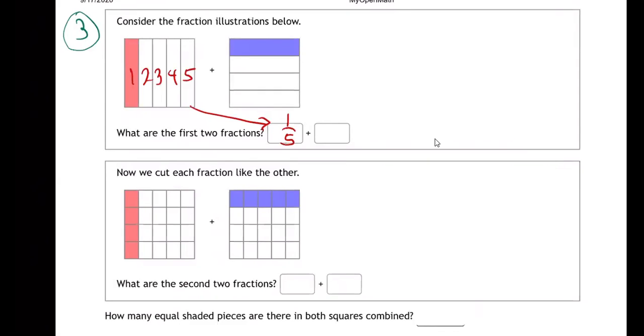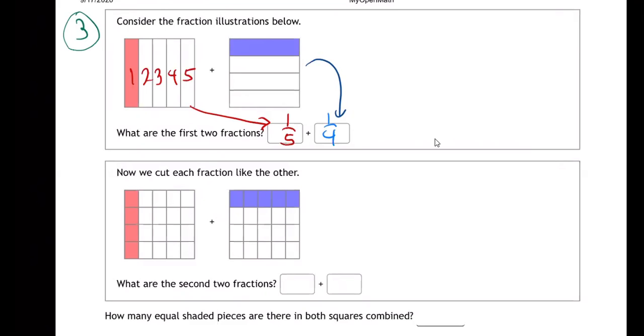How about the blue? What portion of the blue is shaded? 1 out of 4. 1/4 of it is shaded. All right, so now how do we add a fifth and a fourth?